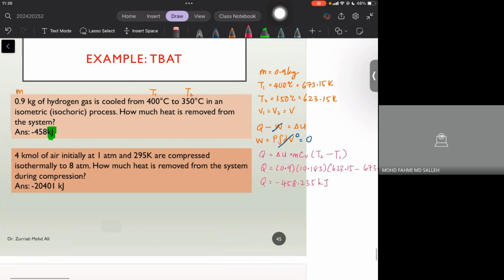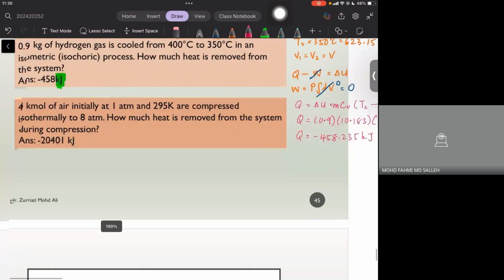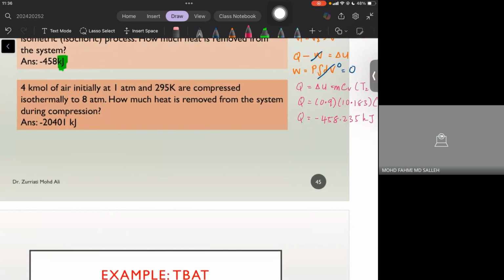All right, the next question is: 4 kilomole of air initially at 1 atm and 295 Kelvin are compressed isothermally to 8 atm. How much heat is removed from the system during the compression? The substance is air. Again, we use the equation for the ideal gas. Given here is the number of moles, n, which is 4 kilomole.